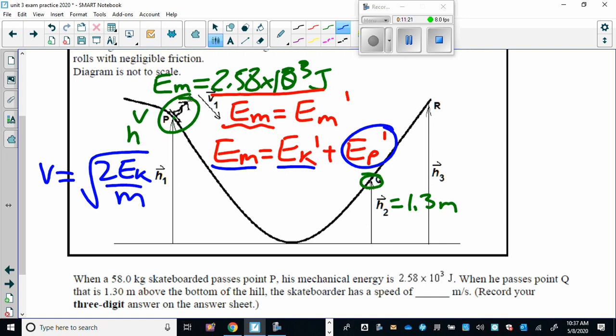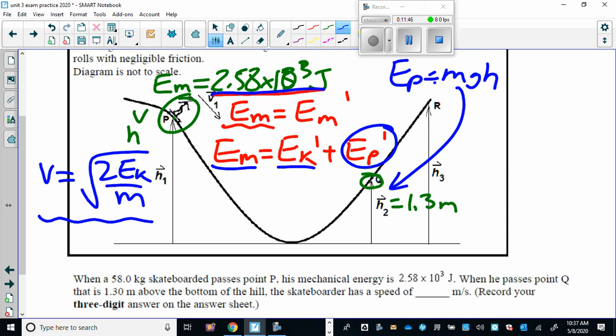In many ways, that could be the best way to do it. It's not all in one step; it's multiple steps, but it keeps things a little simpler, and then you can see exactly what you're calculating. So you calculate EP by going mgh to this point here, and then you get that value, and you would subtract it from this value here. That would give you your kinetic energy, and then you would use this formula to solve velocity. So you can absolutely do it that way.